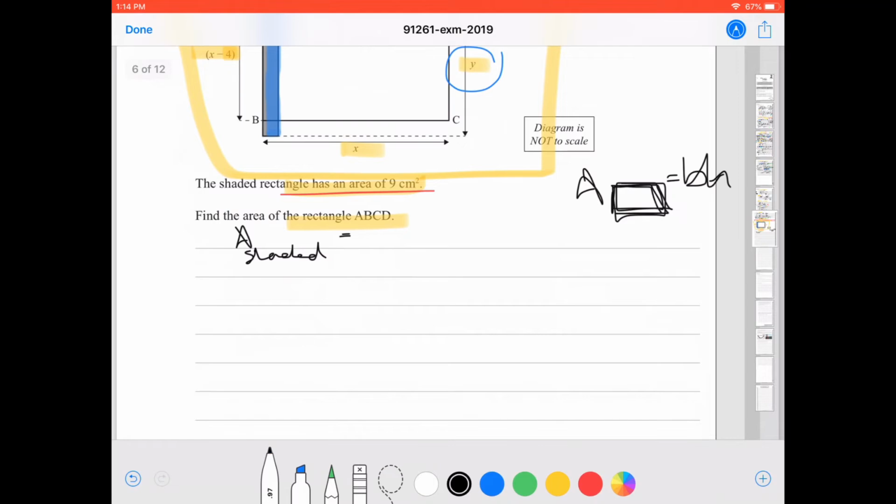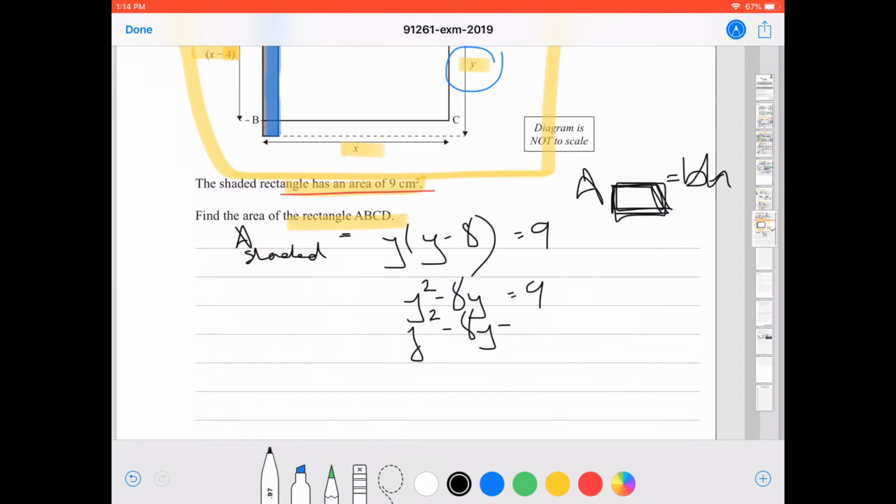So y times y minus 8 is the expression for the area, and we know it equals 9, and so we can actually solve for y here. We've got y squared minus 8y equals 9, and so y squared minus 8y minus 9 equals 0. We can solve this on our calculator. It's a pretty easy quadratic.